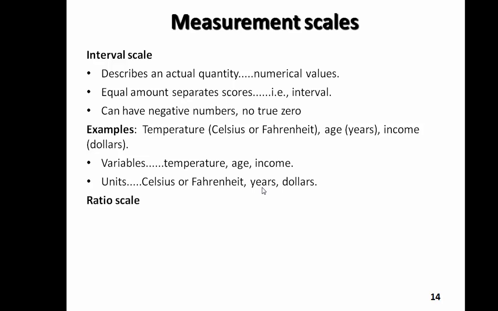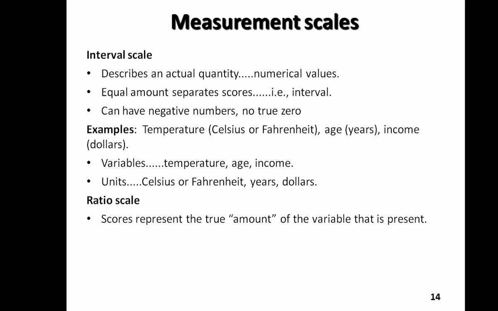The highest level is the ratio scale. In a very similar approach to the interval scale, these are scores that represent the true amount of the variable that is present. And it's the true amount. In this case, a 0 indicates an absence of that measurement.